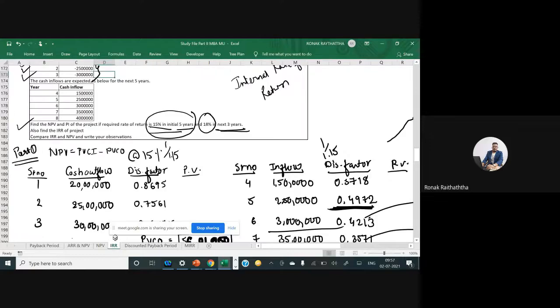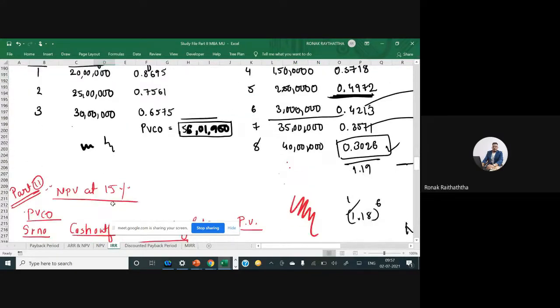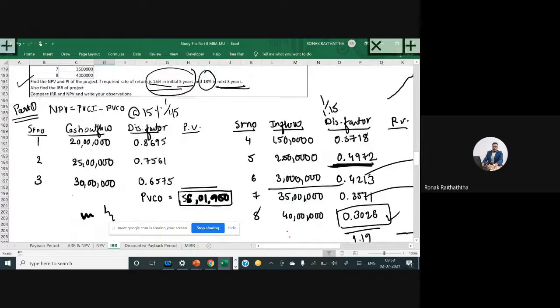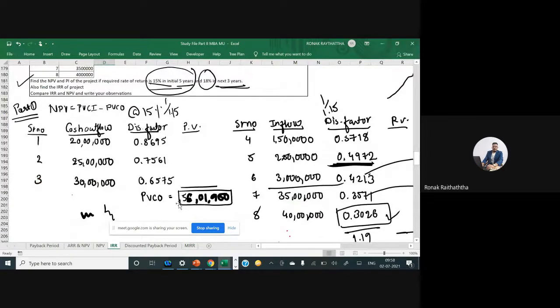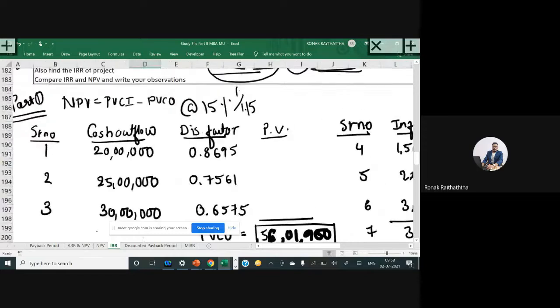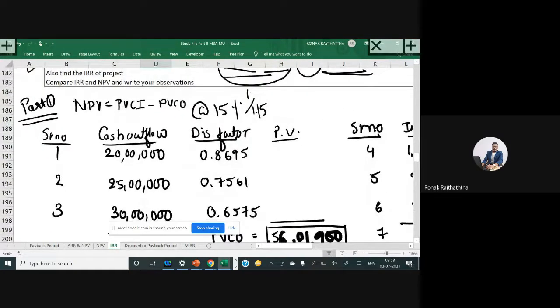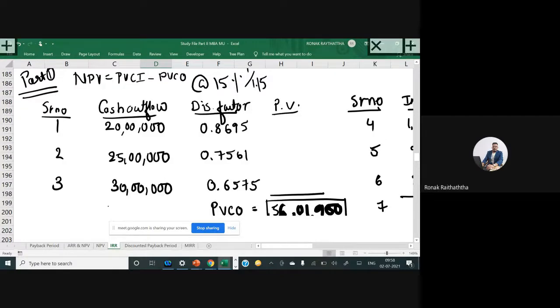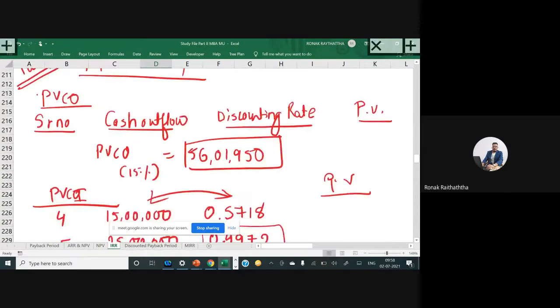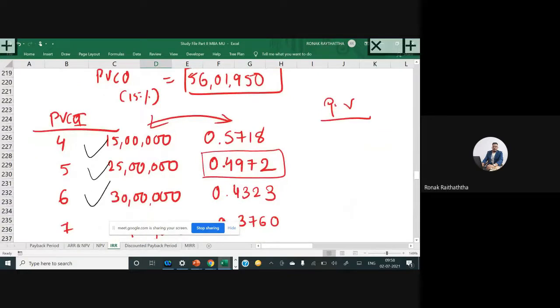Let's go to one of the sums of IRR. What we were doing in the IRR, we were finding the two rates, right? At one rate, the NPV should be positive, and at another rate, NPV should be negative. So when we were finding the NPV, you must have observed that the rate was applied homogeneously, in the same fashion even for outflows and for inflows.